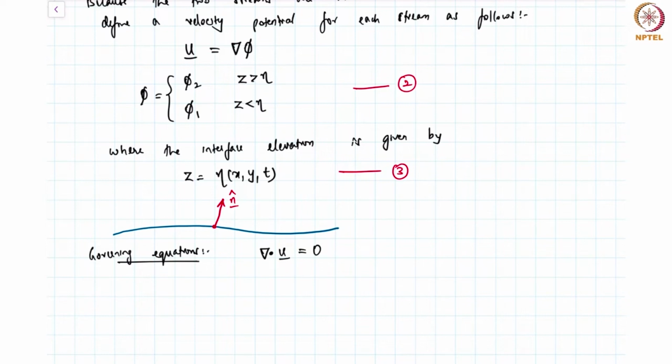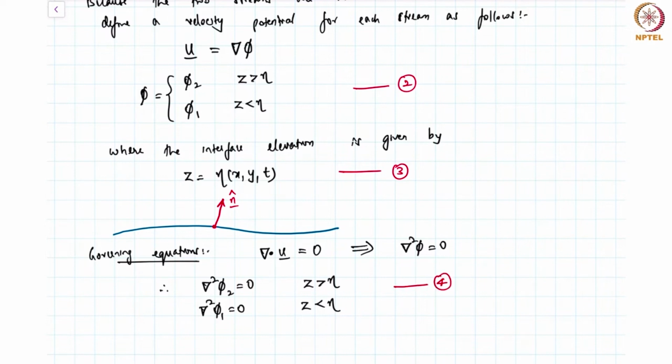So this is the equation of continuity and the incompressibility condition, and this immediately gives us del square of phi is 0. Therefore, del square of phi 2 is equal to 0 for z greater than eta, and del square of phi 1 is equal to 0 for z less than eta. So both the fluids separately satisfy the incompressibility condition. Let's label this as equation number 4.